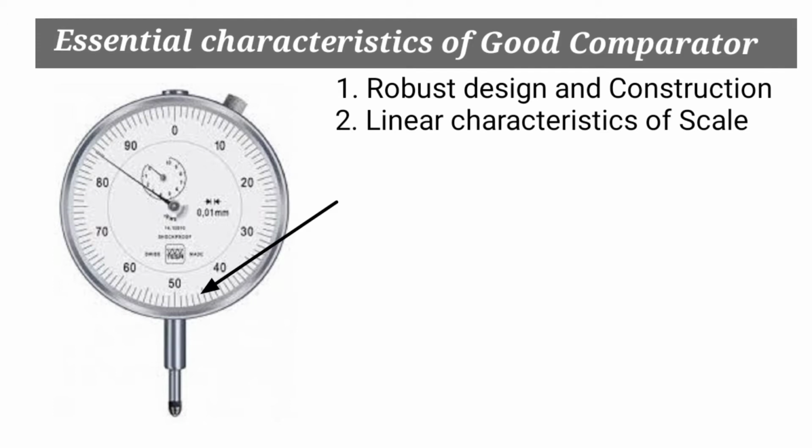The recording or measuring scale should be linear and uniform, and its indication should be clear. The magnification of the comparator should be such that the smallest deviation in size of a component can be easily detected.